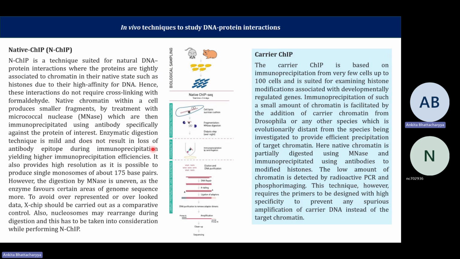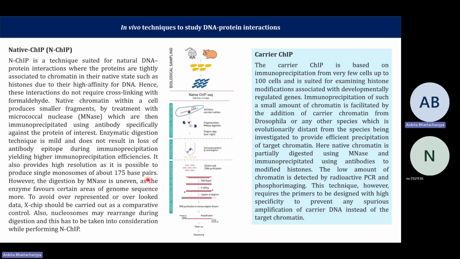It does not result in loss of antibody epitope during immunoprecipitation, yielding much higher immunoprecipitation efficiencies. And also you can get higher resolution because it can go up to single monosomes of 175 base pairs. Basically, because of the enzymatic digestion, it can cut right after your histone H1 bound DNA.